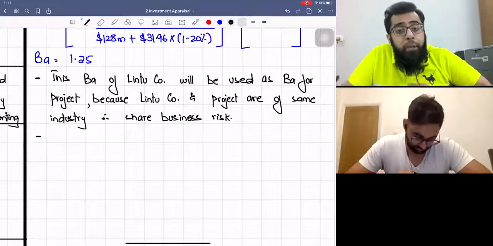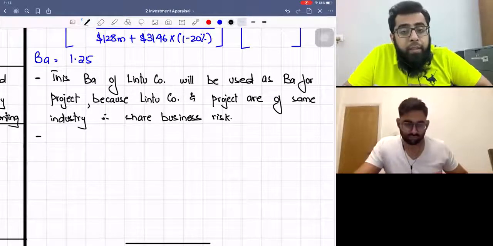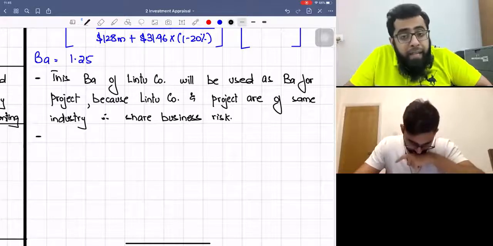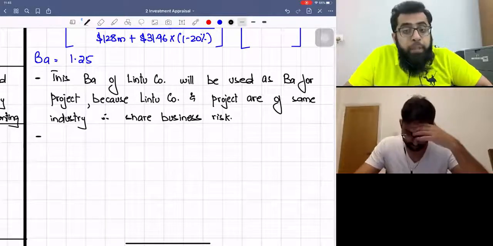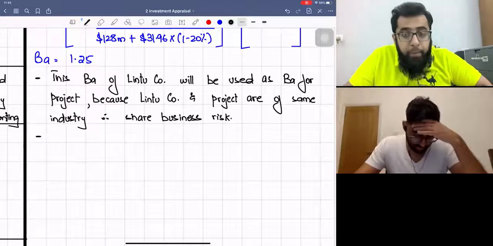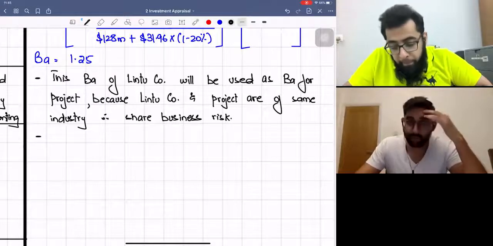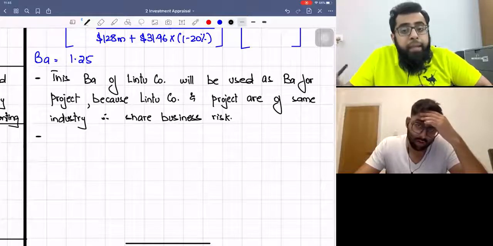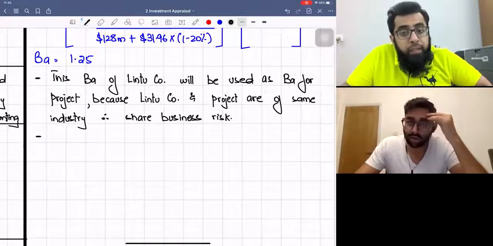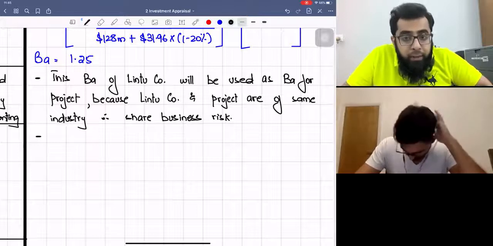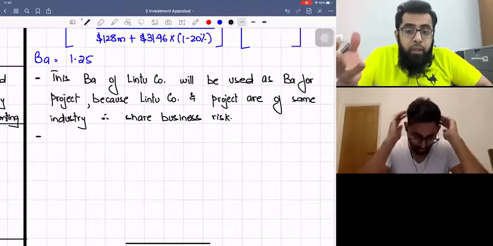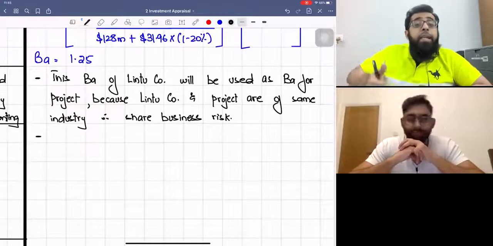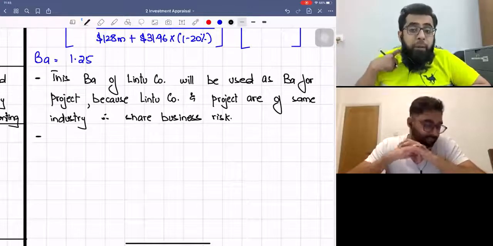Now, as the project will be 100% equity financed by the Burung company, therefore the beta asset will be equal to beta equity. How do you know the project is financed completely by Burung? Because it is the basic assumption of the APV that the company will finance the project. When we calculate the APV, I taught you in the previous class also that the company will invest in the project and then the company will raise the funds from the market.